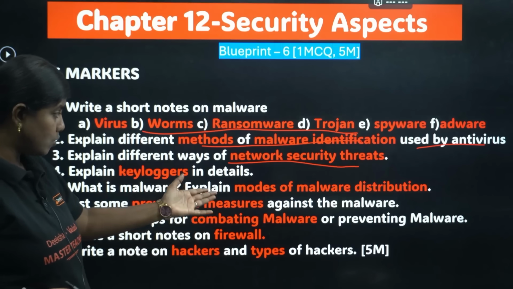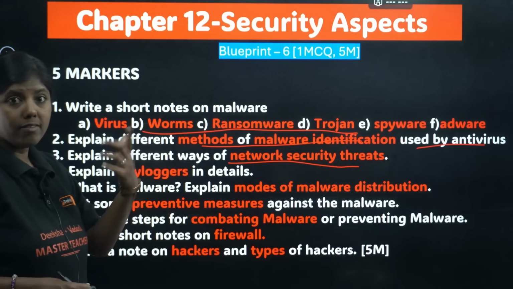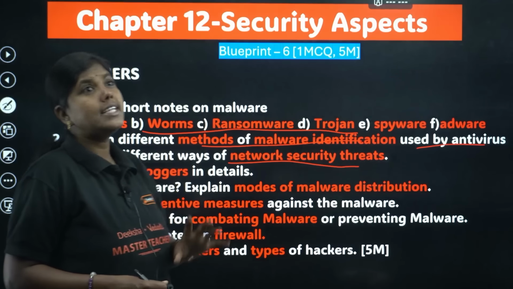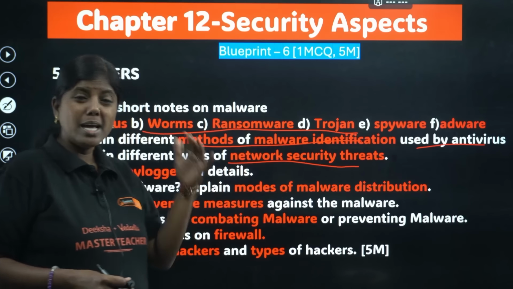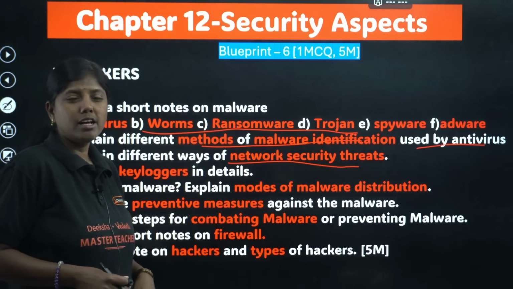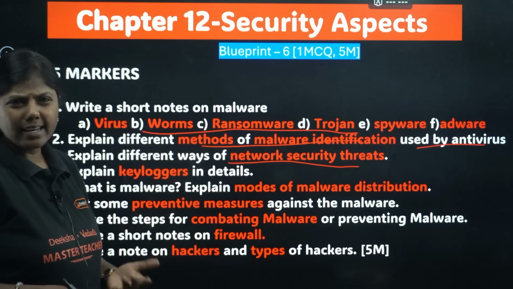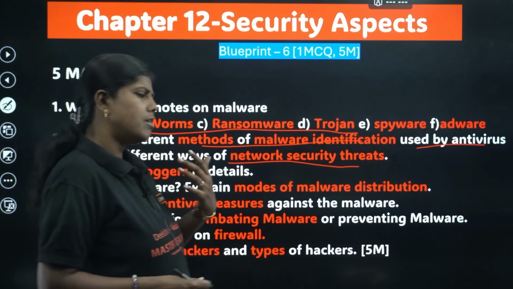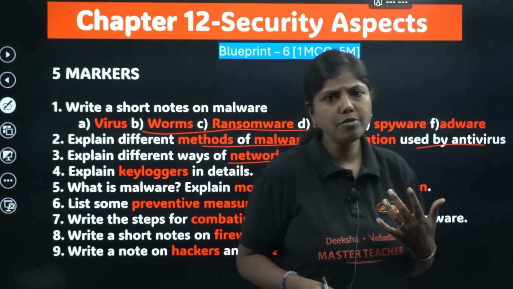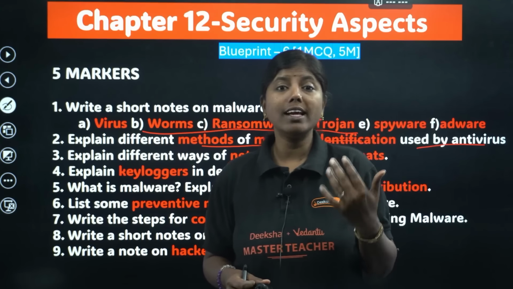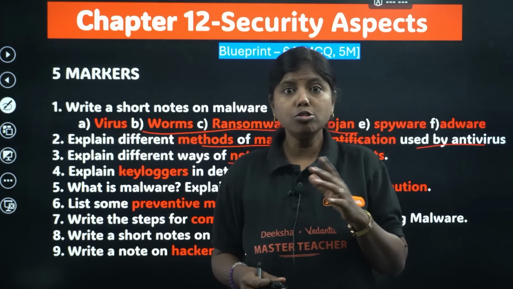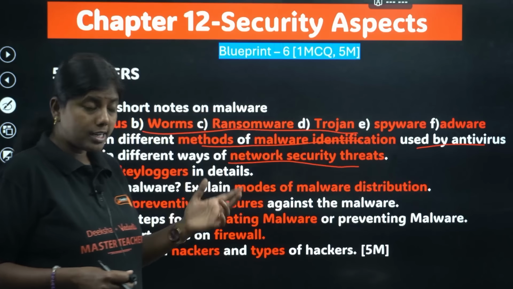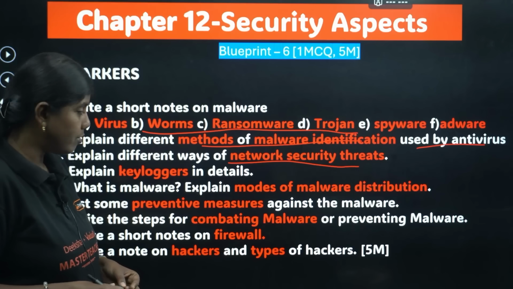Another heading: removable storage devices, and spams. By unknowingly clicking some links, there is a chance that you may get the malware distributed. That is the important thing you need to remember here.